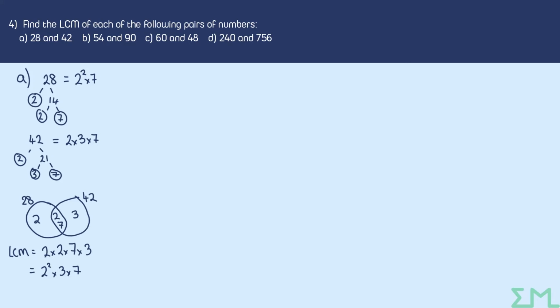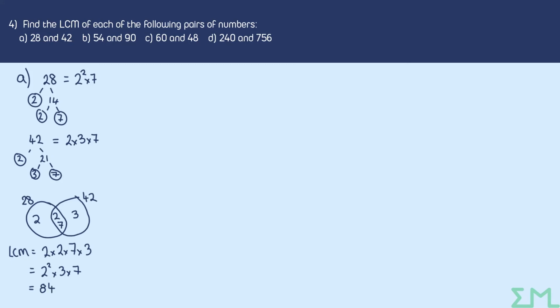Most of the time it's okay to give your answer as a product of prime factors in index form, and sometimes you may be required to actually write the answer out. This is 2 times 3 times 7, which is 2 times 42, which makes it a little bit easier to work out as 84.